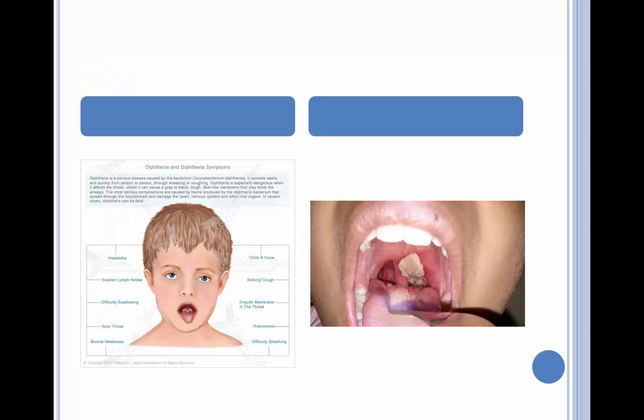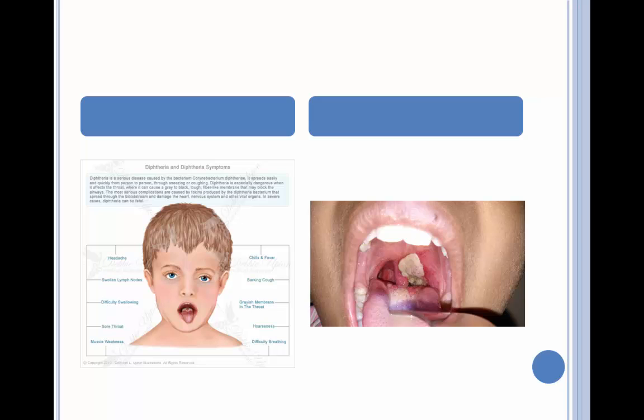Symptoms depend on whether the toxin produces enough to produce respiratory infections, which are the most common, or cutaneous manifestations. After an incubation period of more or less 5 days, patients develop sore throat, but mild.